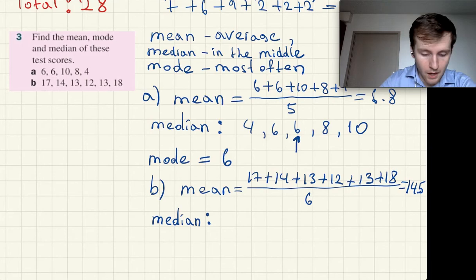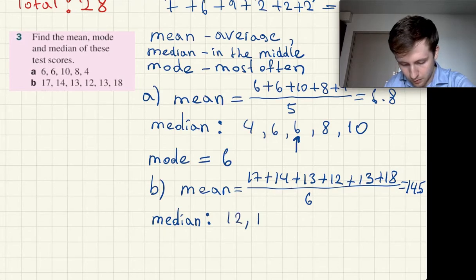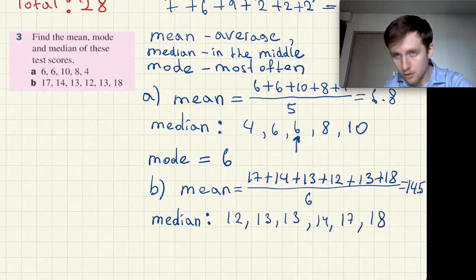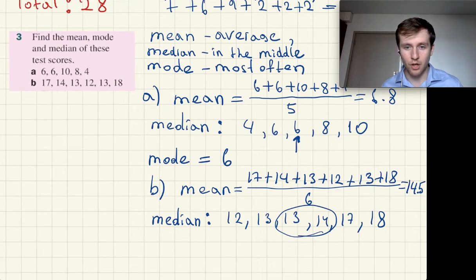So median, we have to sort them from the least number to the greatest one. So we go 12, 13, 13, 14, 17, 18, 6 numbers in total. But you can see in the middle we actually have 2 numbers. It's 13 and 14. So how do we find this?